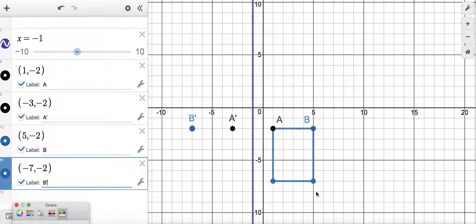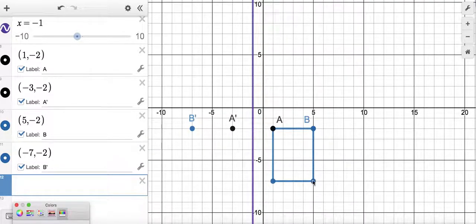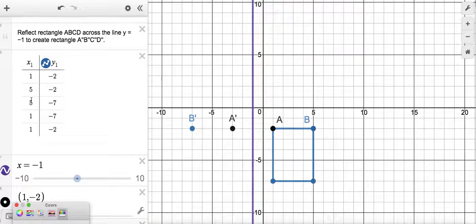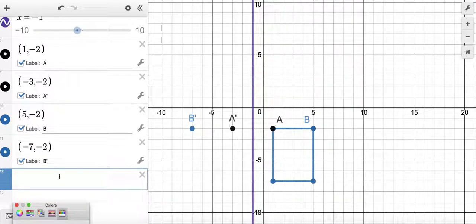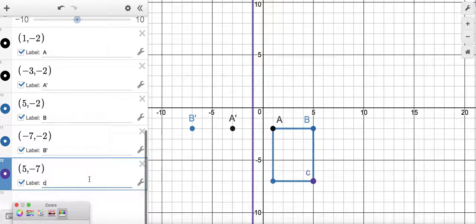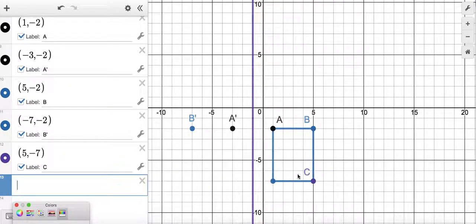All right, so now we just have 2 more points. Let's do point C, which will be our point down here. The coordinates for our point C, I can look up here because I already have them, is 5, -7. And we're going to go ahead and label that one as C. And then we've got to figure out how we're going to get across all the way to this side.